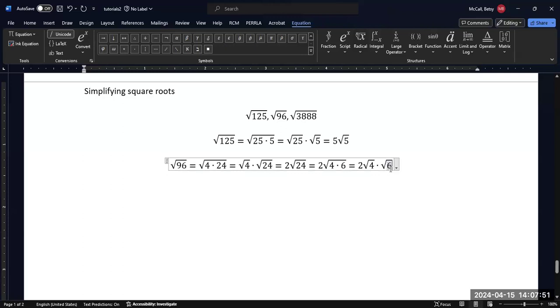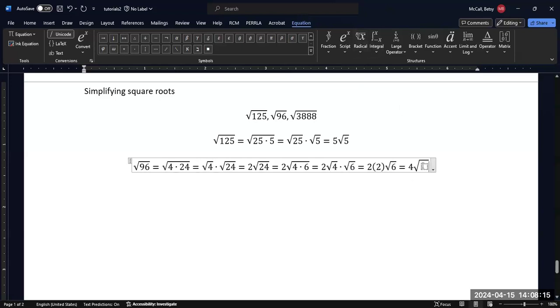Now 6 has factors of 2 and 3. Neither one of them are squares. 6 is itself not a perfect square, so the square root of 6 is going to stay there, but I can simplify my square root of 4 and get 2 times 2 times the square root of 6, or 4 square root of 6.